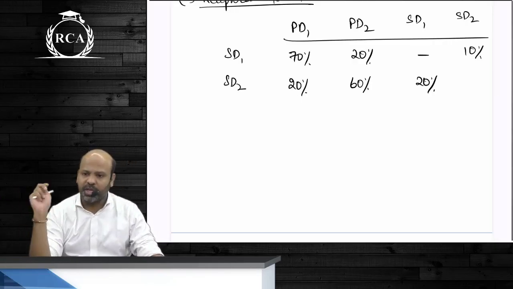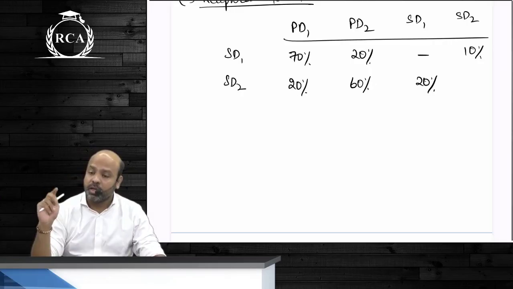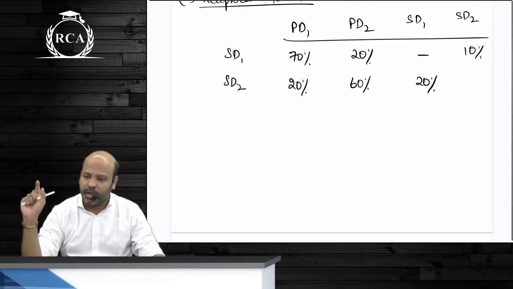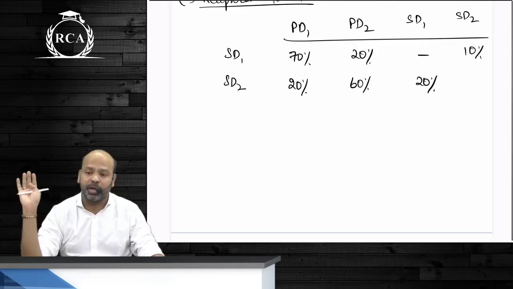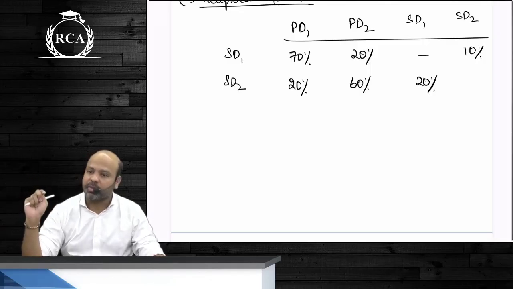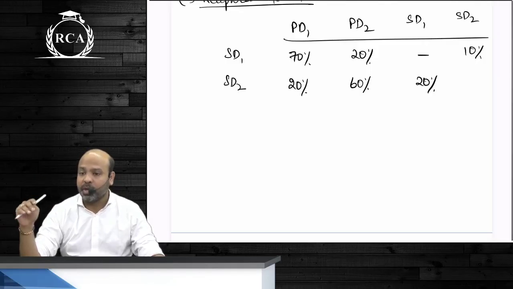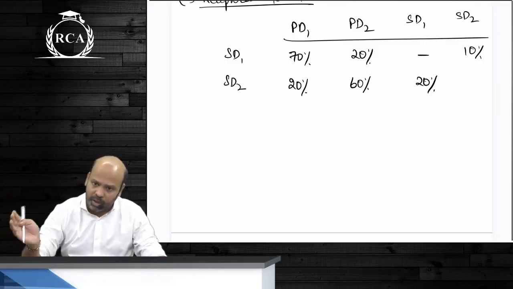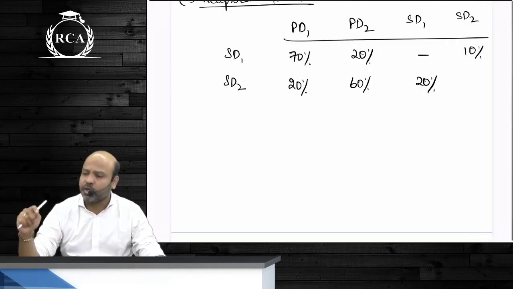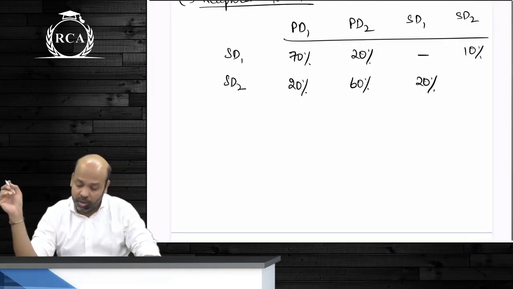So they usually mention that go till third cycle. Third cycle के last में जो भी department रहता है, that will directly get distributed only to production departments, not to the other service department. You do not want any amount beta going back to service department again. You want to stop at that point only. If they do not specify also beta, you will continue the process till we reach a very small amount.